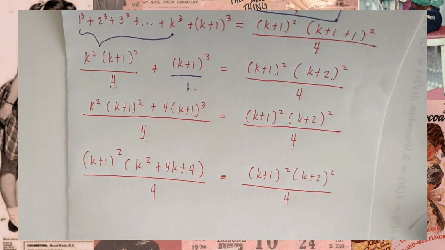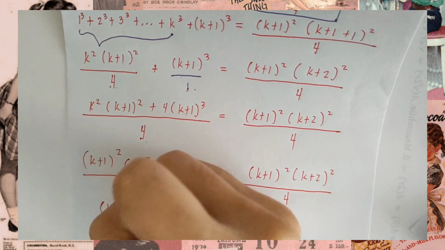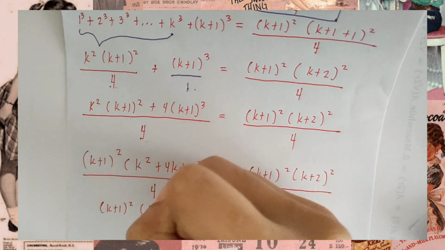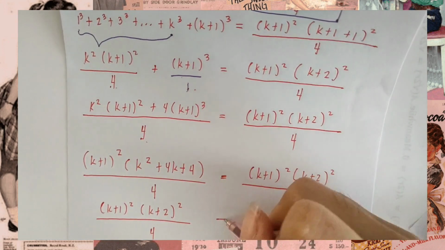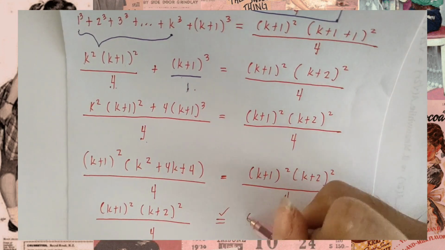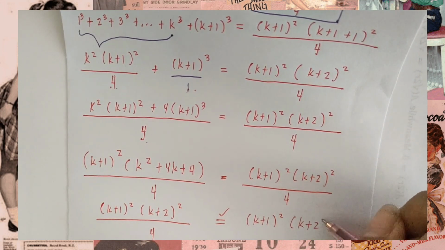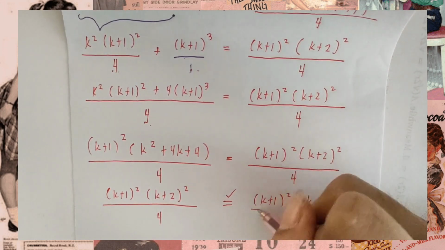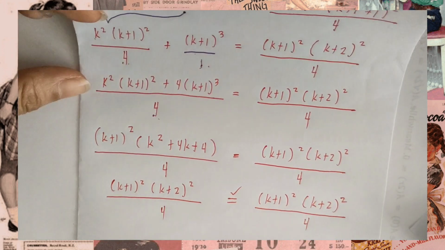Next, distribute and then simplify. So we have to get the factors of this one, that is k plus 2 squared over 4. And they balance with our right side of the equation, k plus 1 squared times k plus 2 squared over 4. Next, your conclusion.